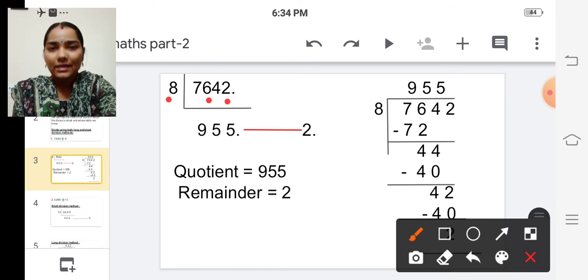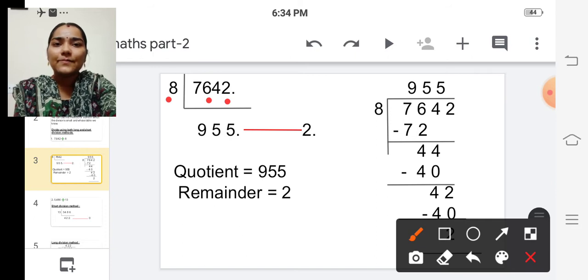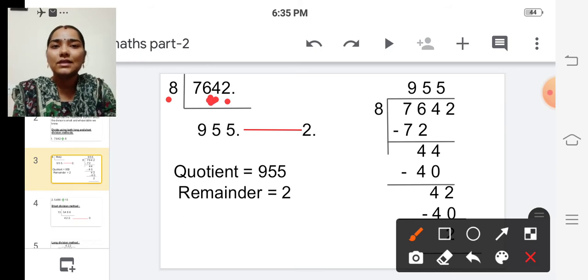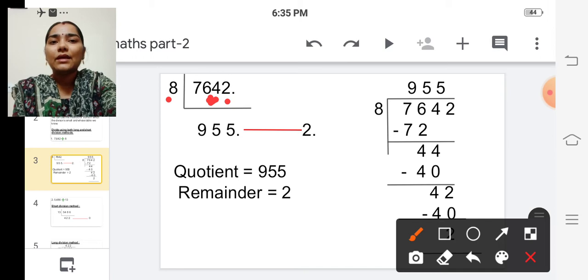7,642 divided by 8. Similar to the long division method, first let's consider the first two digits of the dividend. Here the first two digits are 7 and 6, so it becomes 76. 9 eights are 72.